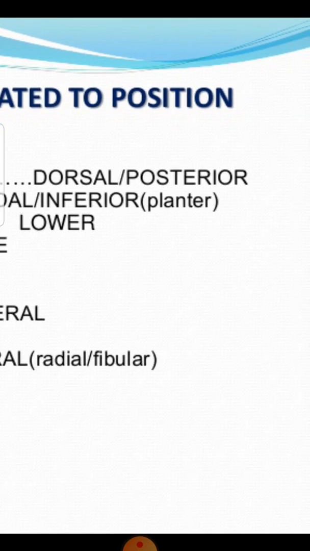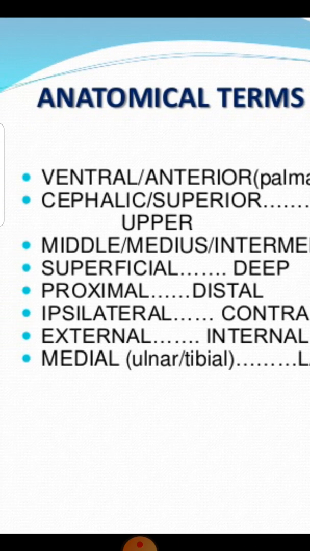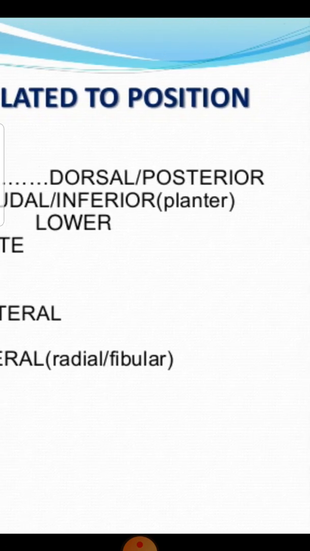The dorsal will be the side जो कि आपकी hand की back side होती है, that would be the dorsal side of your hand, or the posterior. So we can interchangeably use these terminologies. We can use the ventral for anterior, and we can use dorsal for posterior.